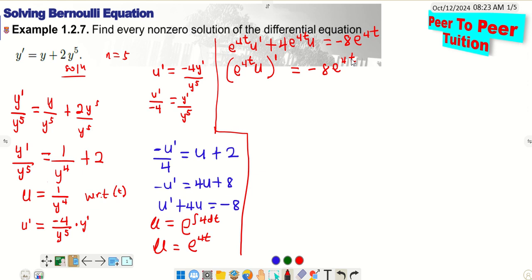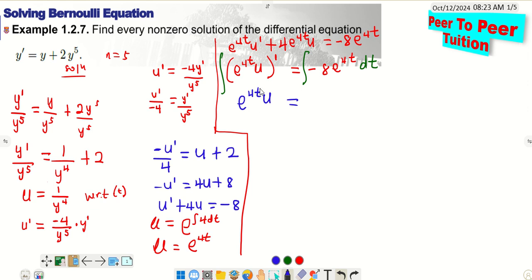Then from here we can find the total derivative of this by integration. So you integrate with respect to t. When you do that, here becomes e^(4t) u, then should be equal to, the integral will cancel the derivative.